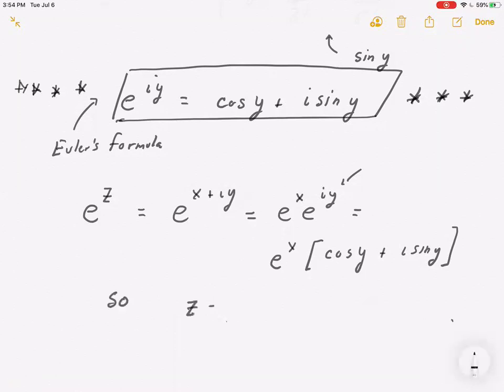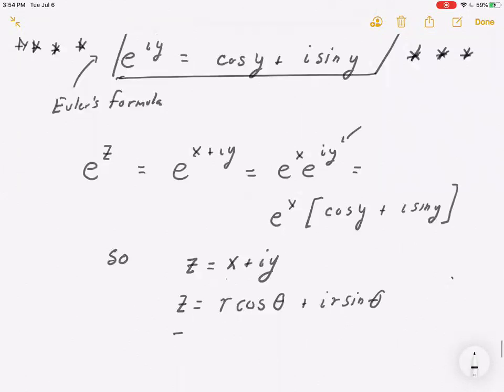So z is x plus iy. Using the trigonometric relationships we got before by looking at a complex number in the complex plane, that's just the modulus times the cosine of theta plus i times r sine of theta. Theta is the argument. You could simplify this as r times the cosine of theta plus i sine of theta.